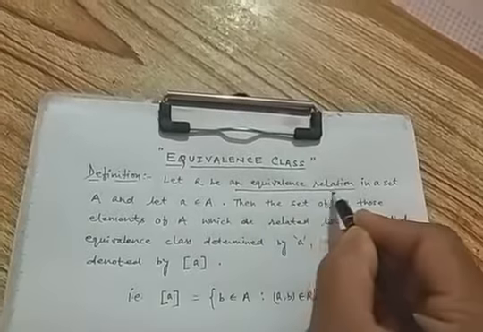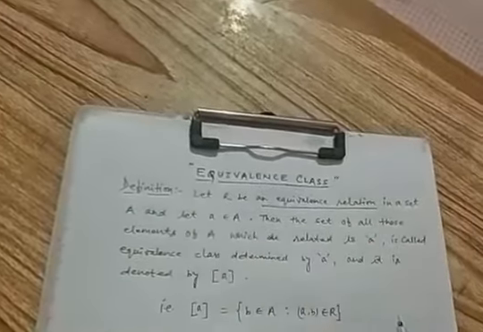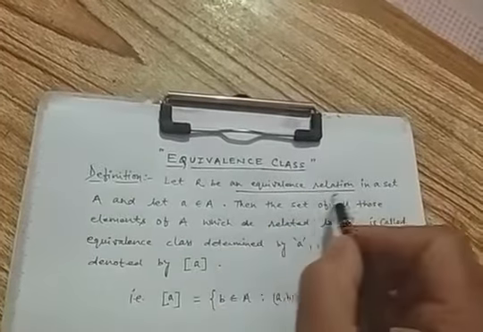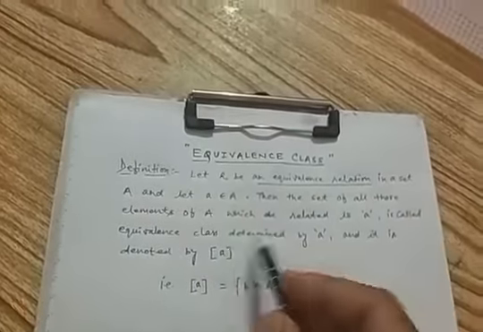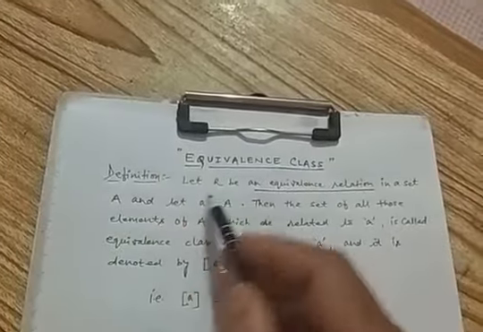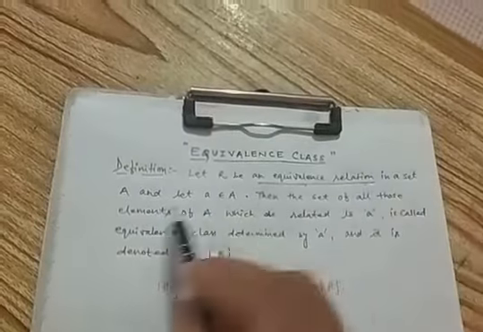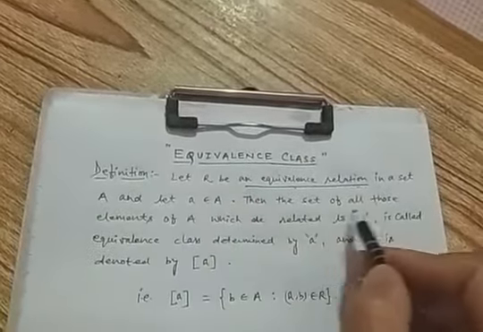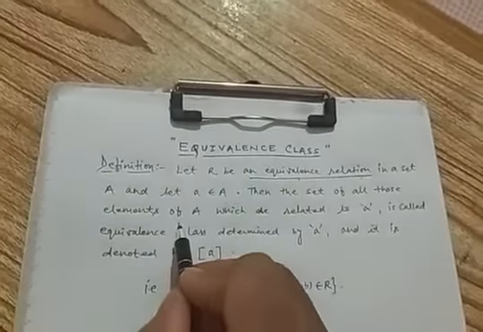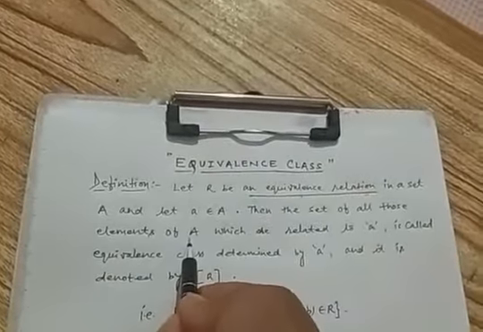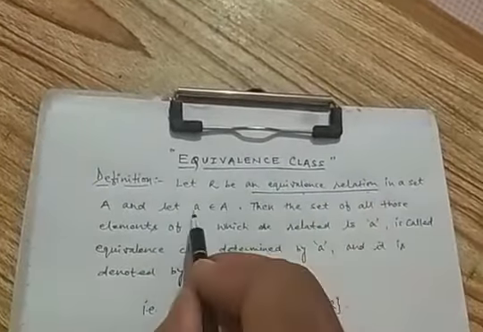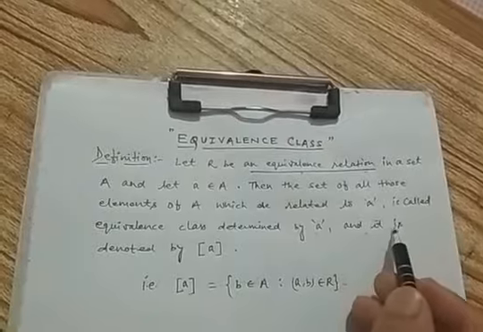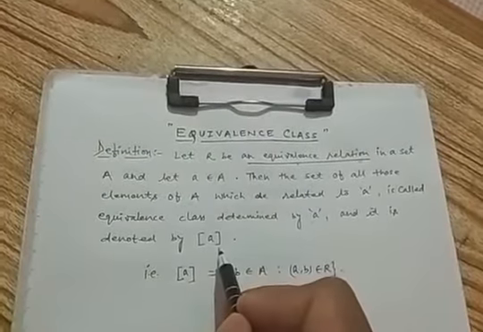Okay students, for finding the equivalence class of an element of a set, the relation should be an equivalence relation. So the definition of equivalence class is: let R be an equivalence relation in a set A, and let a be an element belonging to set A. Then the set of all those elements of A which are related to a is called the equivalence class determined by a, and it is denoted by [a].